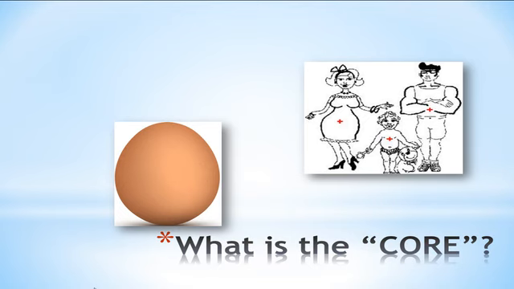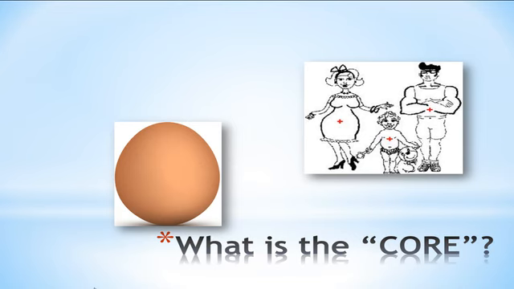I can turn the egg upside down and the yolk will move, but it never really comes out as long as the egg shell is intact. If I look at my egg shell, there's a top on it and a bottom on it, and there's sides that go all the way around. That's how we have to look at maintaining the stability of our core.